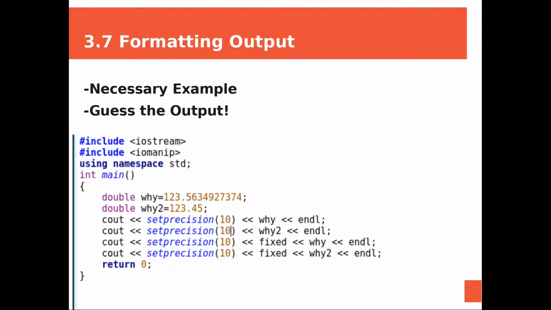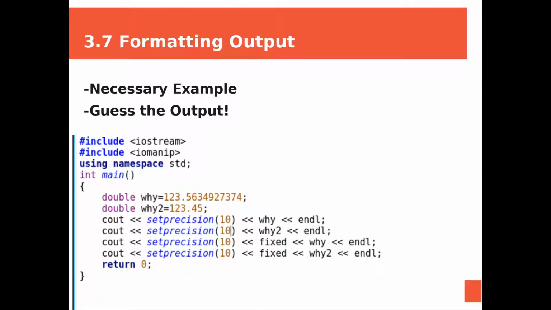I want you to see the importance of set precision and fixed. I'm going to pause the video, so think about what the output is without trying it out yourself, and then come back after you've done that. There's something I want to talk about.